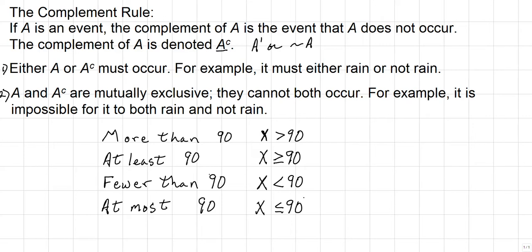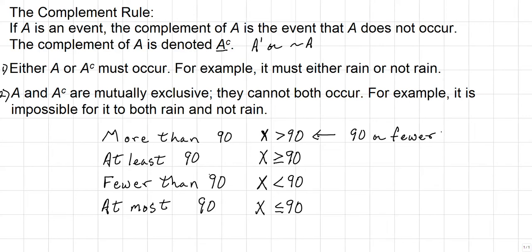And these are going to allow us to be able to find the complements of our statements. For example, if I wanted to look at the complement of more than 90, that's going to be 90 or fewer.